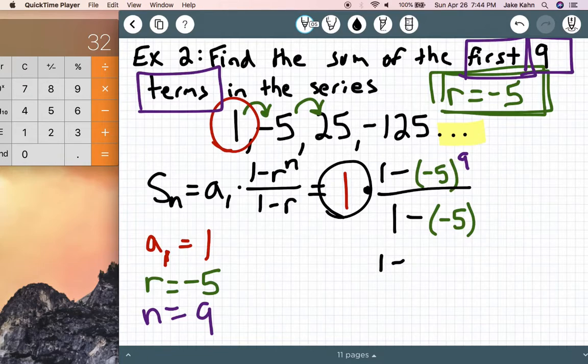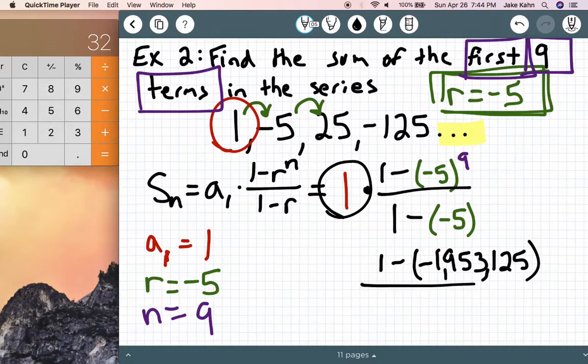Negative 5 to the 9th power is actually negative 1,953,125. Wow. That's what negative 5 to the 9th power is. Crazy. And then it's over 1 minus negative 5, which is 6, right? Double negative makes a positive.